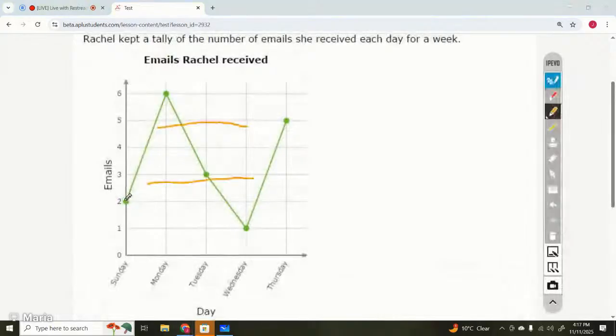So Sunday it is 2 and on Monday it is 6. So the rate of change is 6 minus 2, the difference in emails, over the difference between the days. 6 minus 2 is 4, 4 over 1 equals 4.